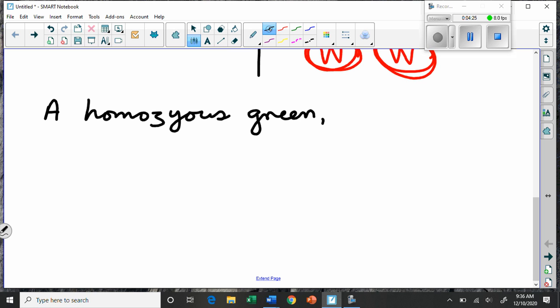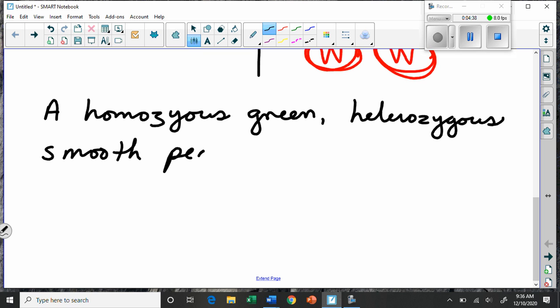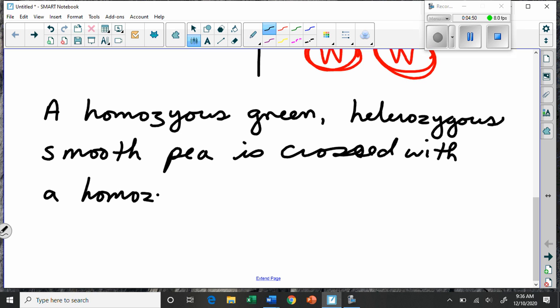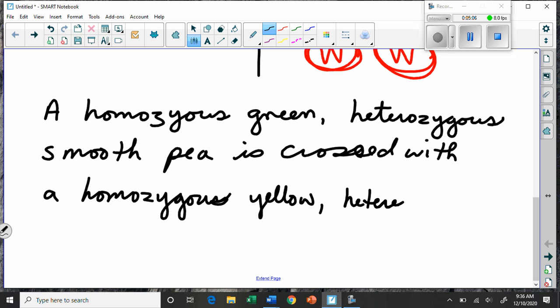Homozygous green, heterozygous smooth pea is crossed with a homozygous yellow, let's go heterozygous smooth.